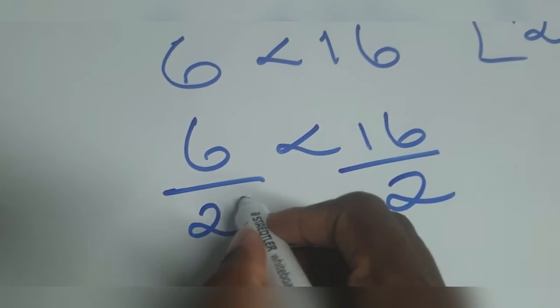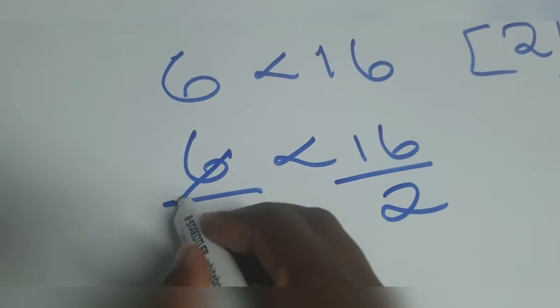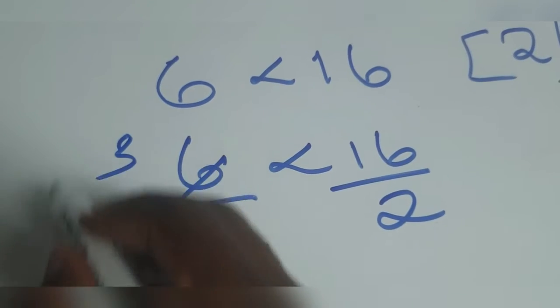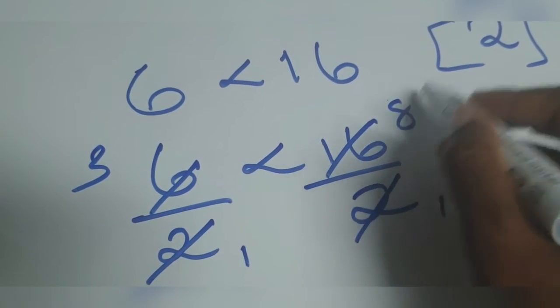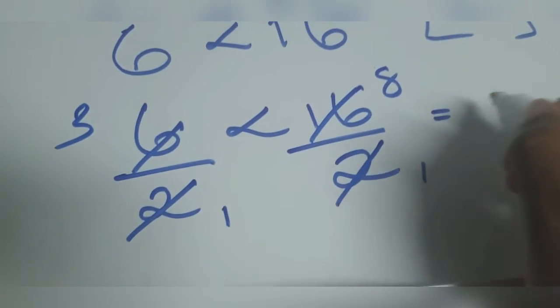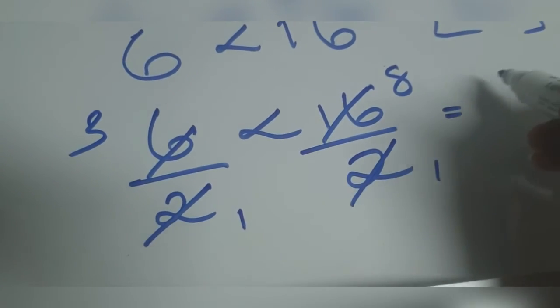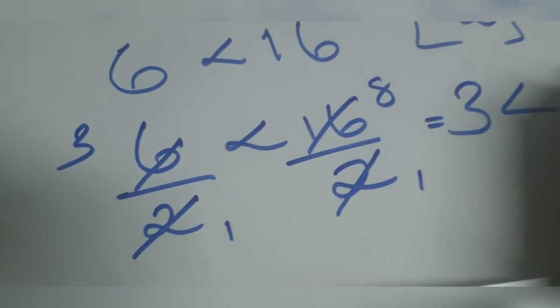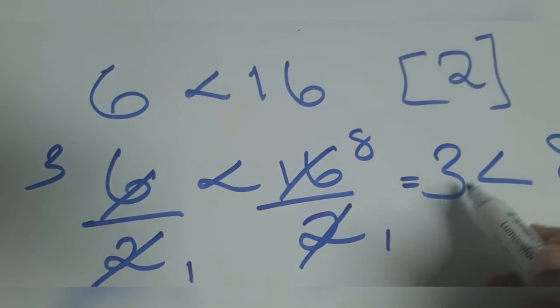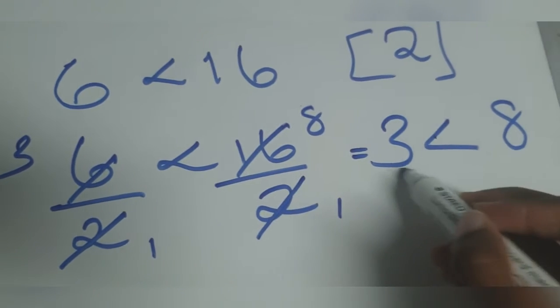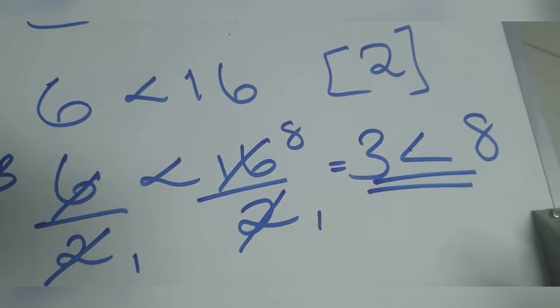How many times does 2 go here? 3 times. 2 goes here once, goes here 8 times. So your answer is going to be 3 is less than 8, okay? Which is true. 3 is less than 8. So this is your answer, okay?